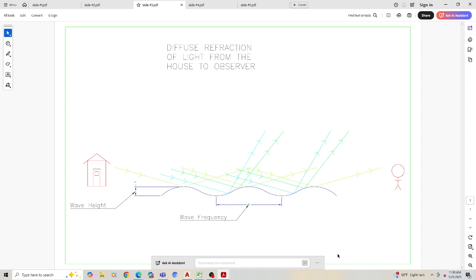This would all be contingent on the height of the wave and the frequency of the wave, in relation to distance and angles between overall incidence and angle to the observer after or preceding refraction.